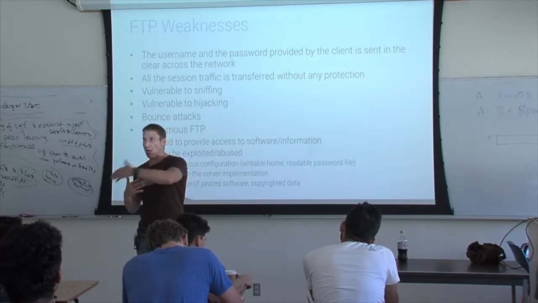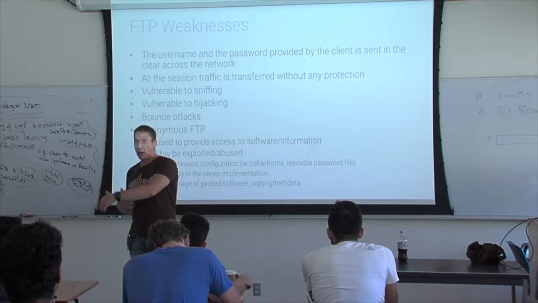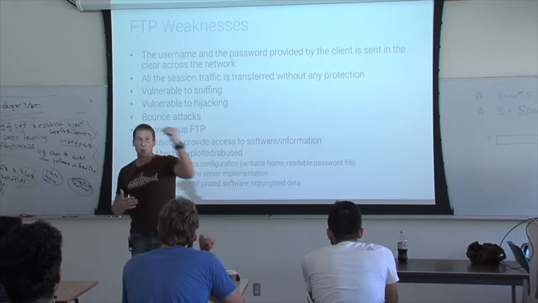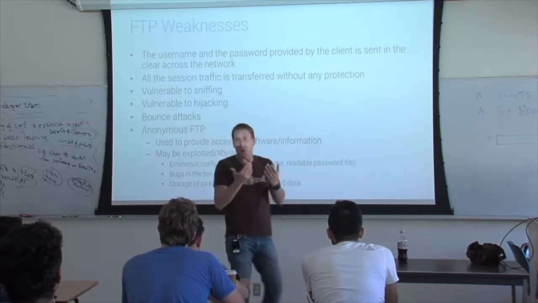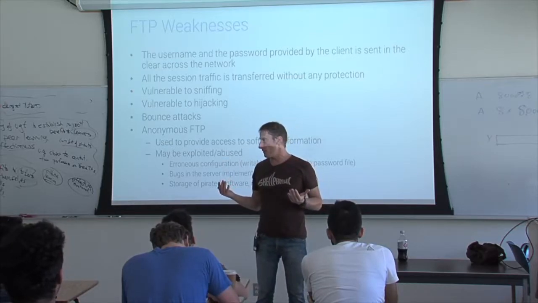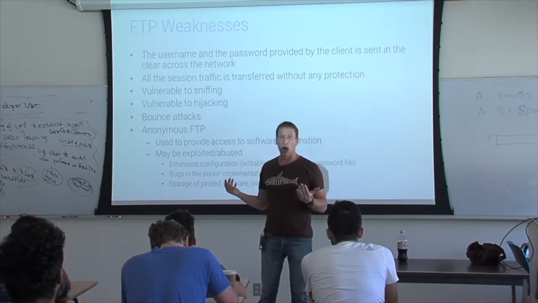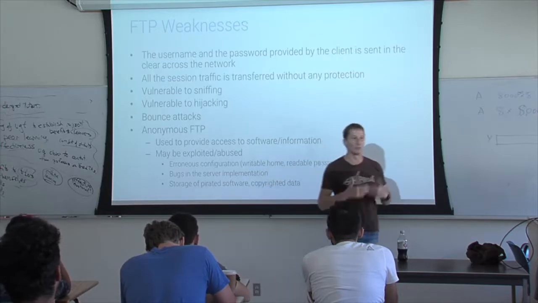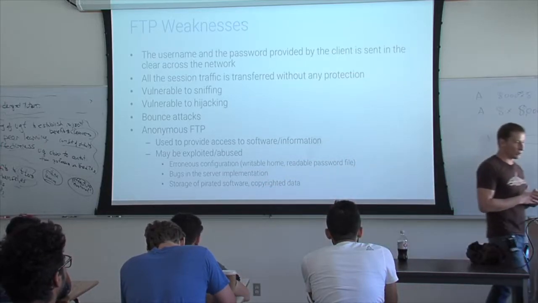So you would upload anonymously a PHP file, then you would request it through the web server, and suddenly your PHP code gets executed. That would be not good. You have somebody able to upload executable code to your server.